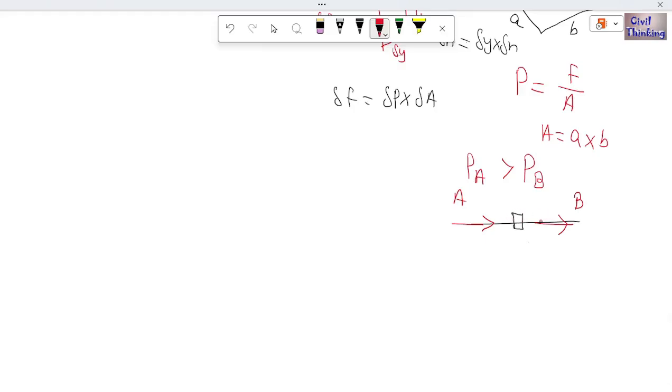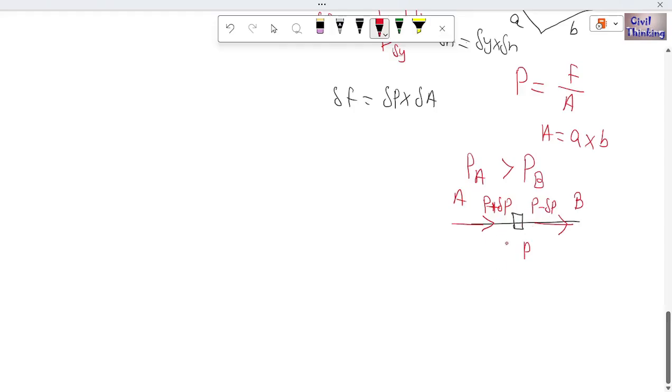So the motion is from higher pressure to lower pressure. For example, let us say the pressure here is P. To the left, the pressure is P plus delta P, a little bit more than P. And to the right, the pressure is P minus delta P, a little less than P.